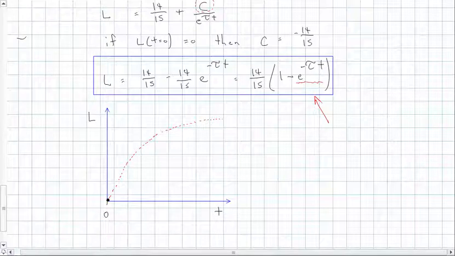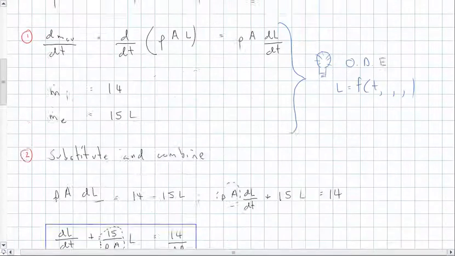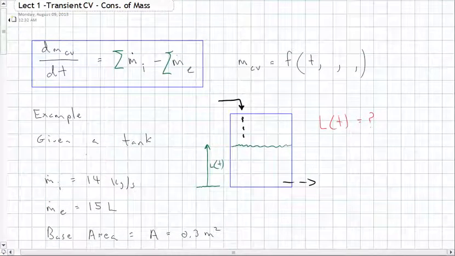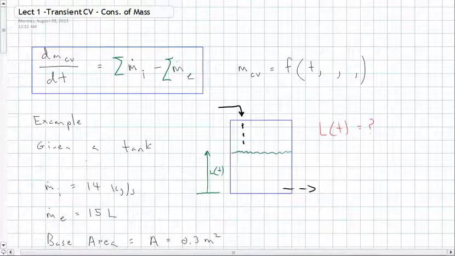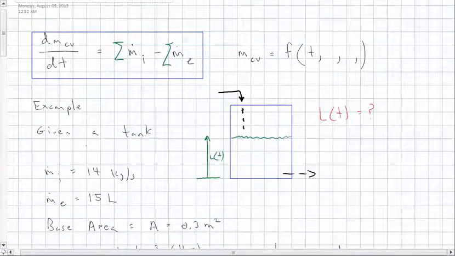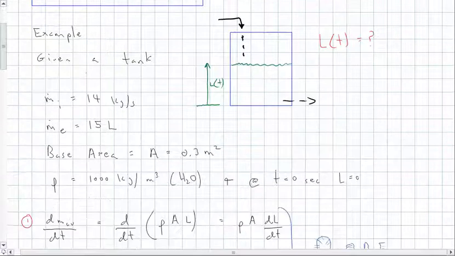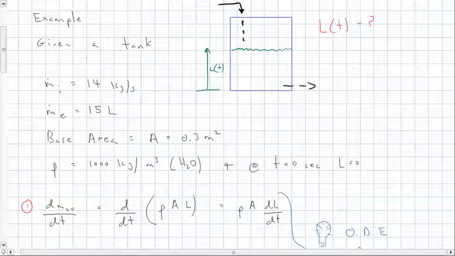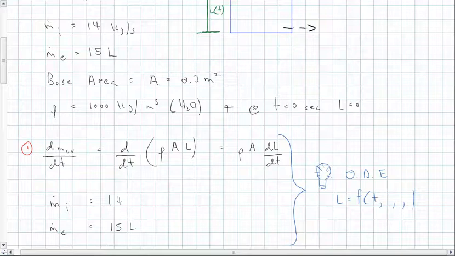So before I end this lecture or segment, let me just review it quickly. Transient conservation of mass problems involve tackling this entire equation, where you're trying to solve for mass as a function of time. The key idea is to recognize how to put these terms into given terms from a problem, which is what we did here.